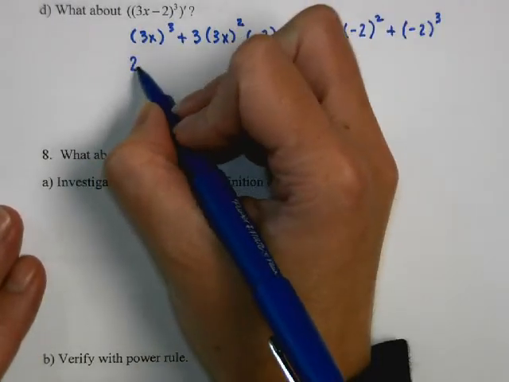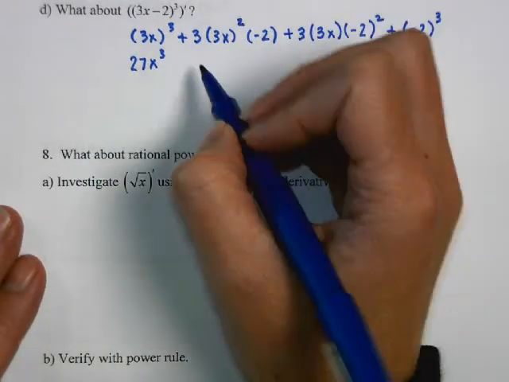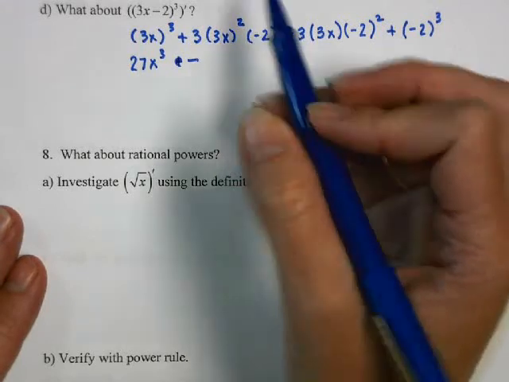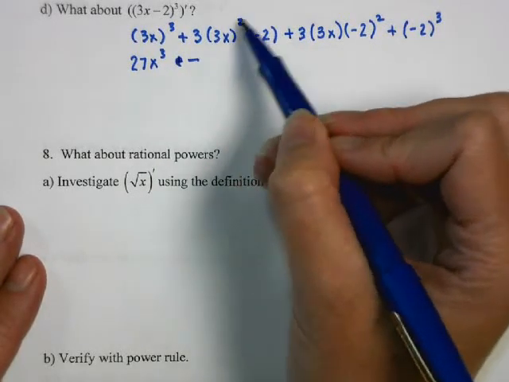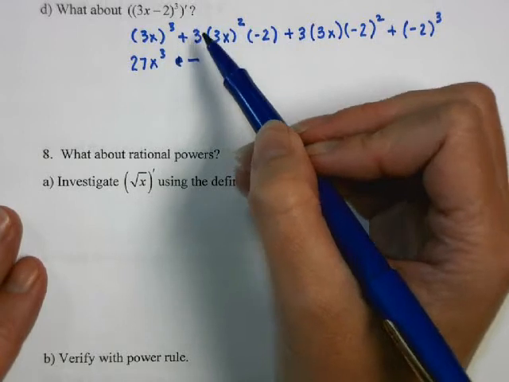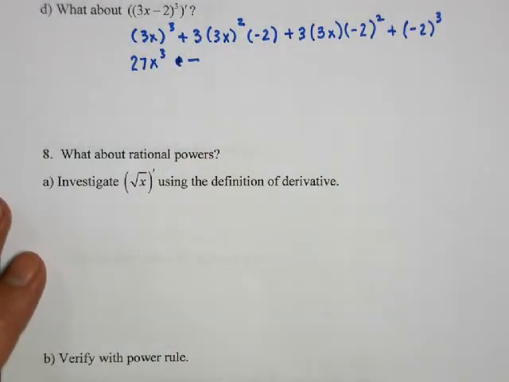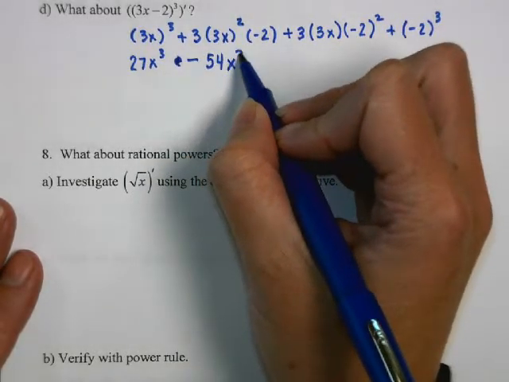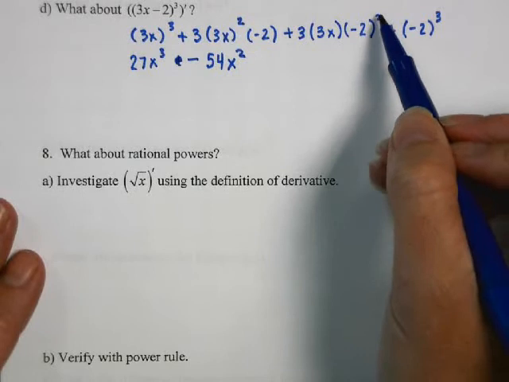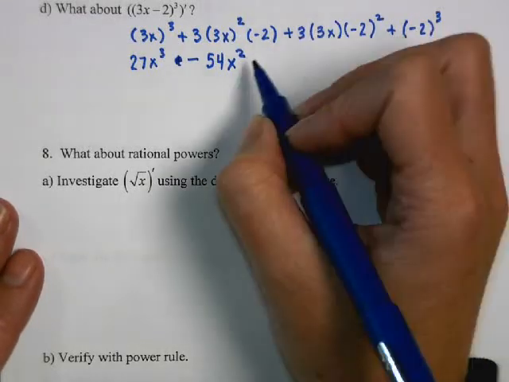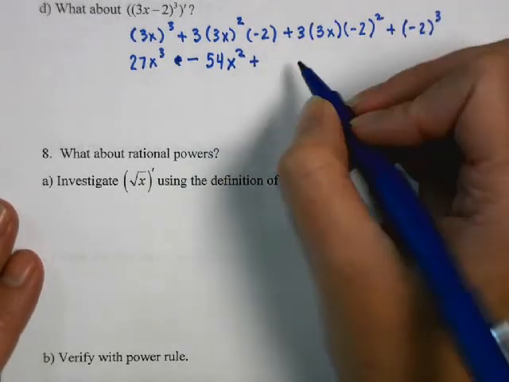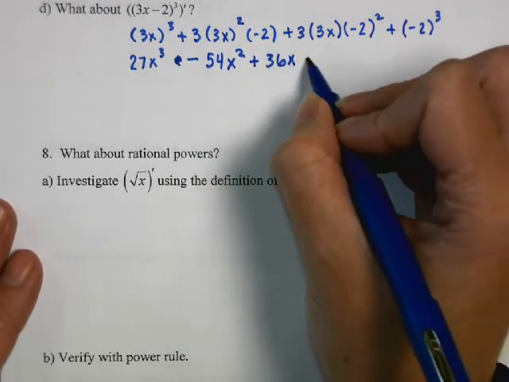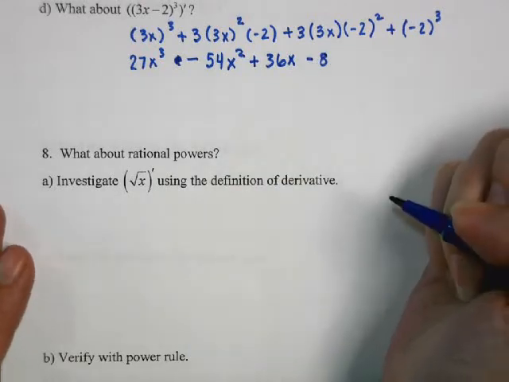So 3 cubed is 27x cubed. Here, this will be minus, because it's going to be a negative 2 times a 9 times a 3, which is going to give me 54x squared. Here I'm going to have a 4 times 3 times 3, which gives me 36. And then negative 2 cubed is going to be a negative 8.